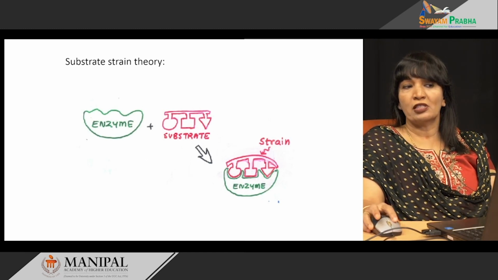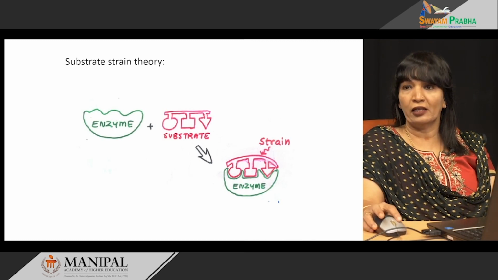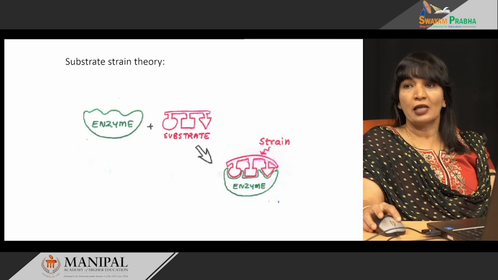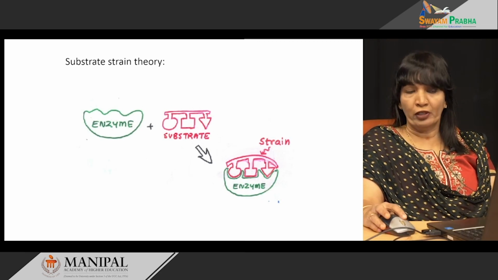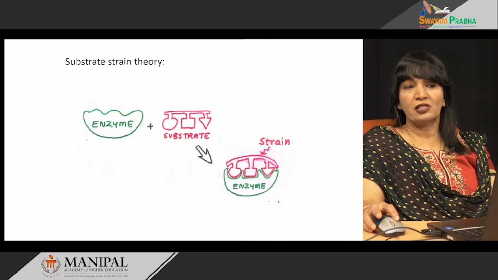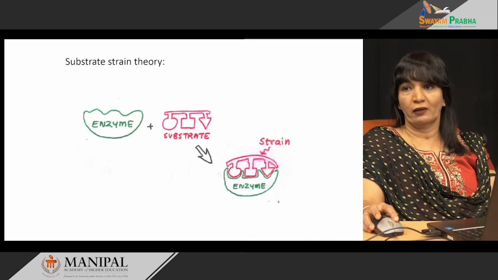There is a strain on the substrate. See, here it was a straight line, but then there is a sort of bend, that is nothing but indicating a strain on the substrate, and that is why it is called the substrate strain theory. The substrate can fit into the enzyme, but there is a strain that is being formed.